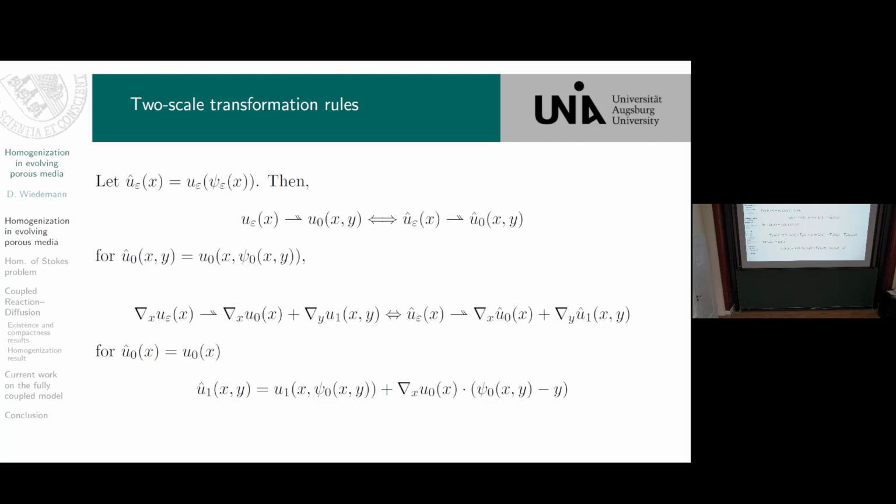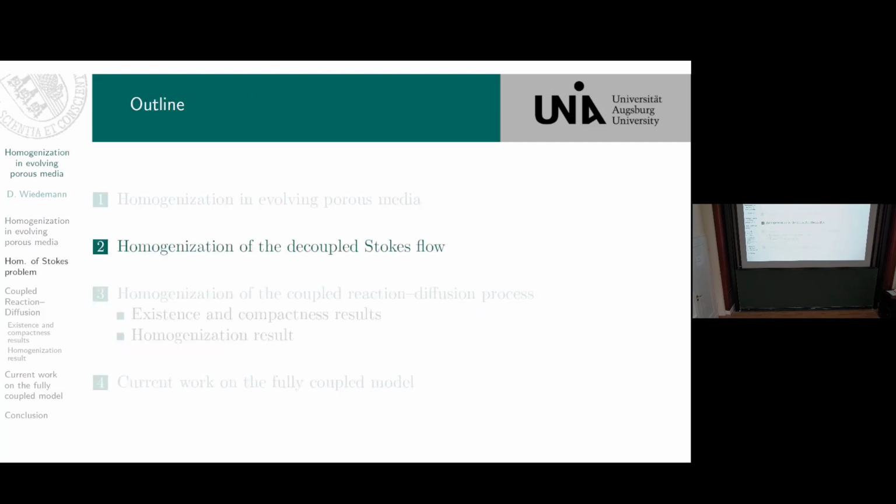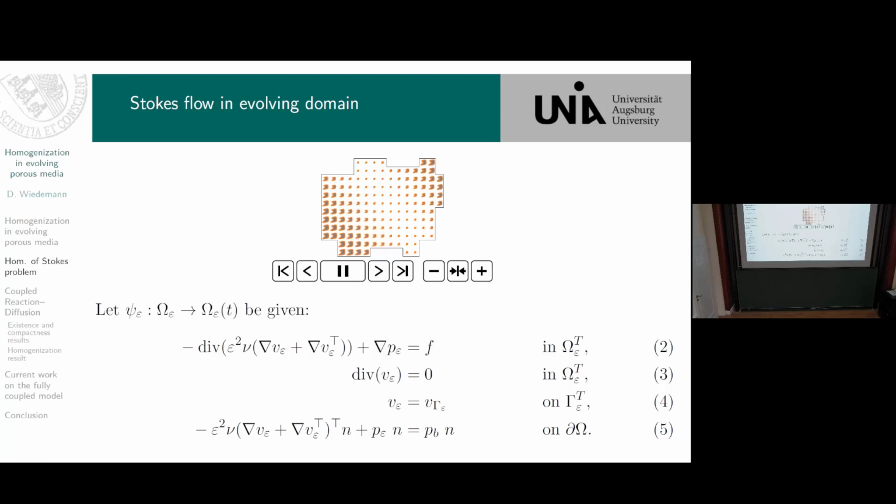But the critical point is that we cannot apply the same transformation rule here for the corrector, but we have to correct this corrector additionally by this term. And if we have this, we can get rid of all the transformations by the back transformation.